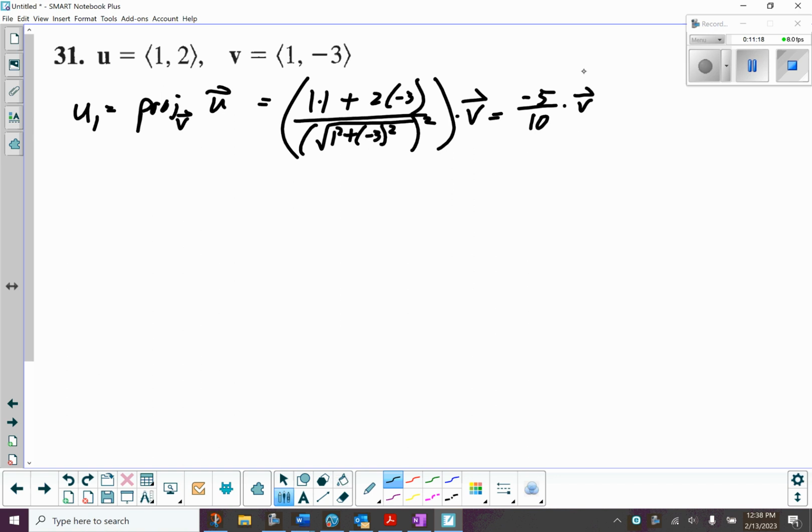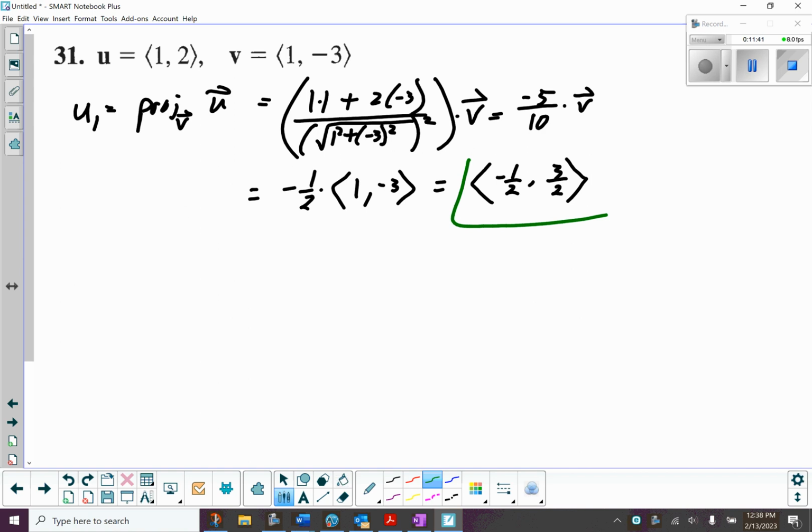So my scalar in this case is negative 1/2 times 1, negative 3, which will give me the vector negative 1/2, positive 3/2. So again, that's the answer for part A and half of part B.